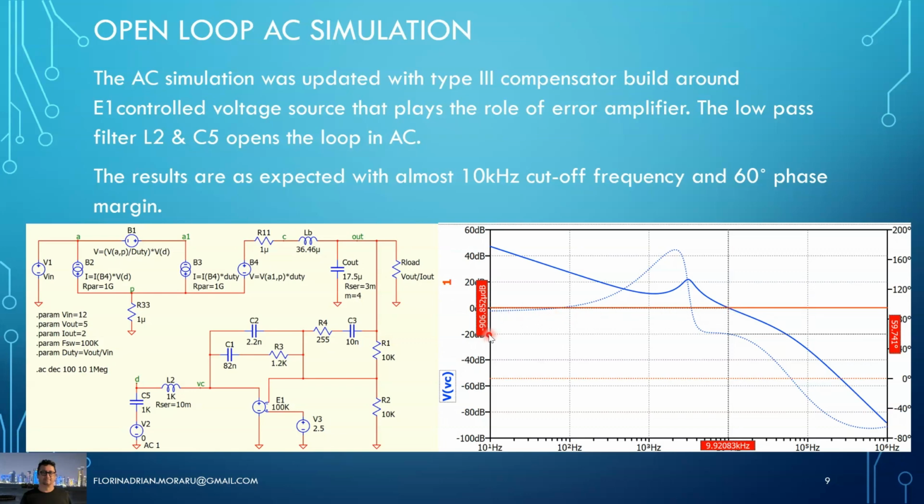In this case it is minus 900 micro dB. And at this point you can see we have 9.9 kilohertz, so this would be the cutoff frequency for 0 dB, and then at this point we have 59.7 degrees phase margin. So it's exactly what we expect it to be.